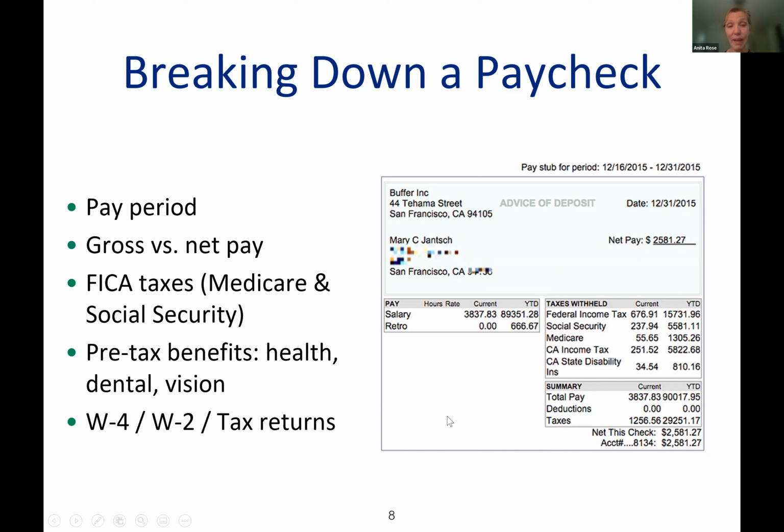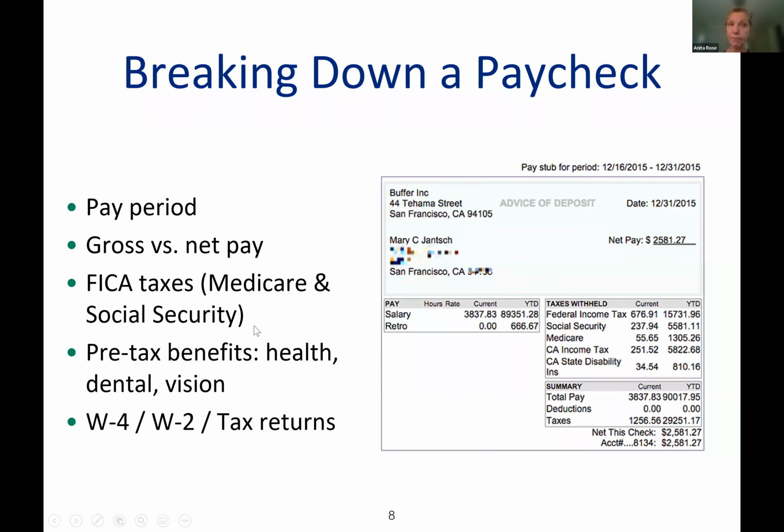So that is life in the United States, and we have to deal with that, right? We have federal income tax, and we have Social Security and Medicare. FICA is considered Medicare and Social Security taxes. Hopefully Medicare will be available when you retire, so that it covers 80% of your medical expenses, and the other 20% you're responsible for.